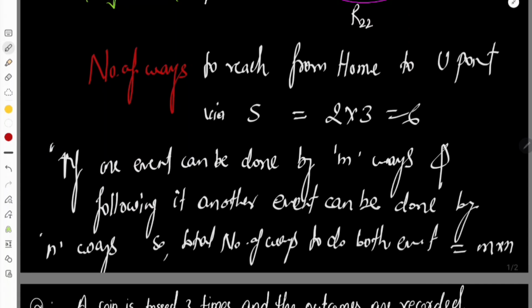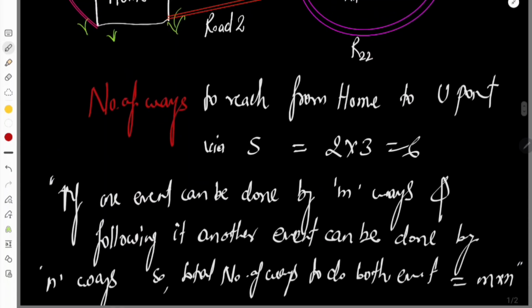This is the product rule, or multiplication principle. I hope it is clear to all of you. Now we are taking some questions here to wrap up this concept, and you can do NCERT exercise number 1 after this lecture. You can solve each and every problem from that exercise.